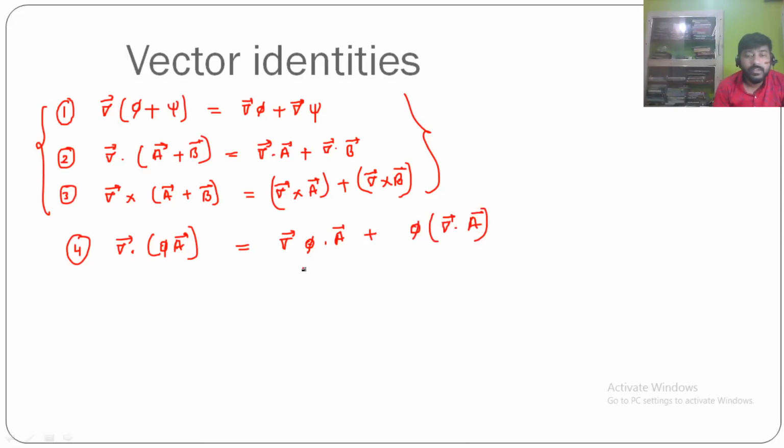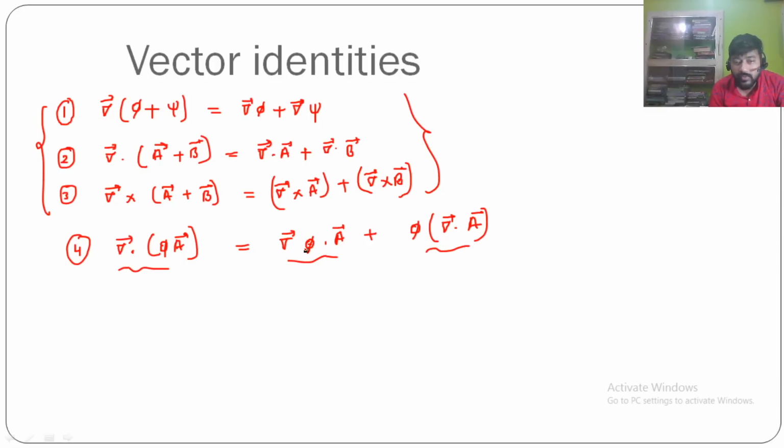Now how can you remember this result? This is a dot product of two vectors, the del operator and phi a. Del is a vector operator, a is also a vector quantity, and this is multiplied by a scalar. So the result is always scalar, and dot product is involved in both terms.